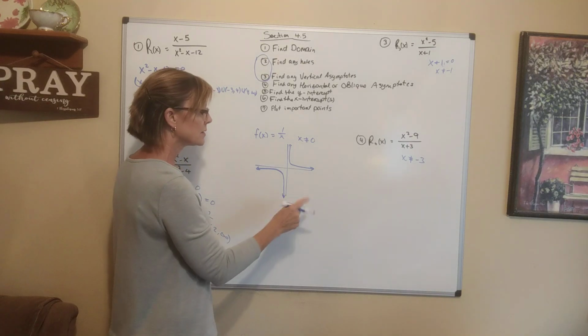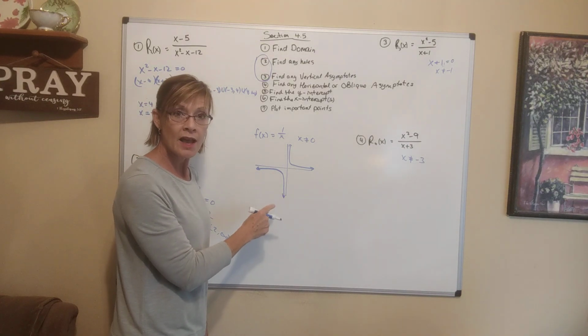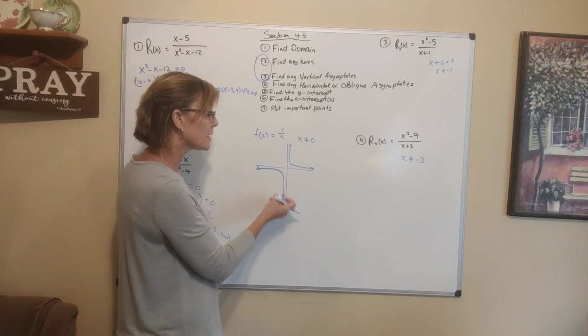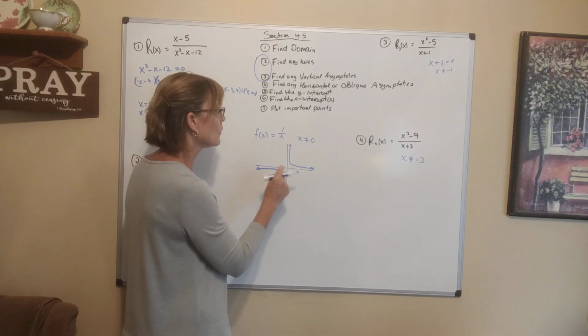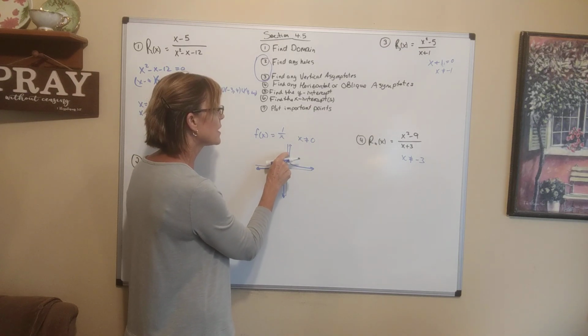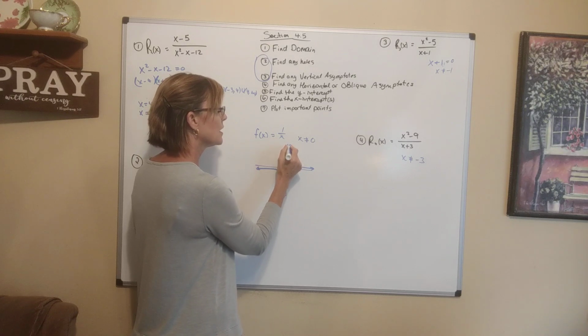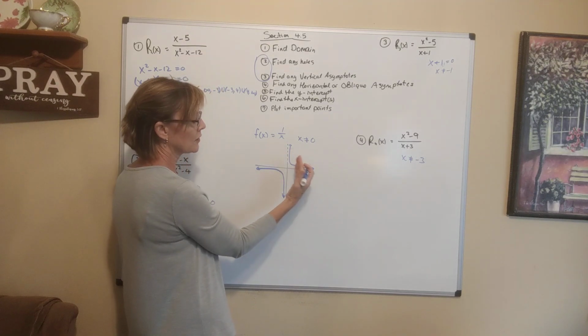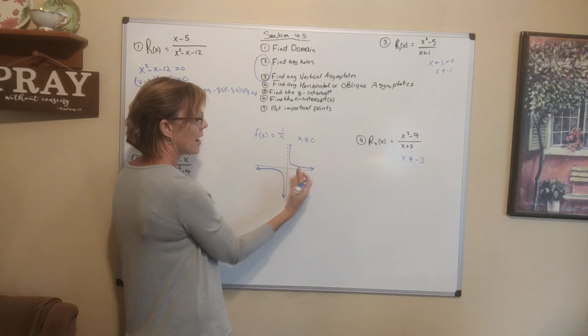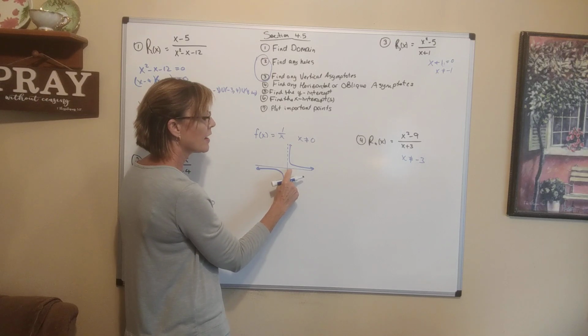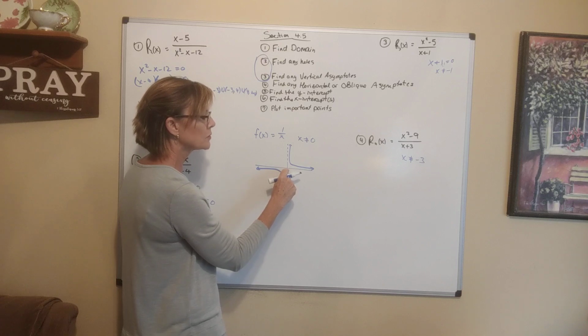Well, you notice that your function basically freaks out when it gets close to 0. It's like, no, I'm not allowed to do that. And what does it do? It will either shoot up to positive infinity, like it's doing right here when it gets very, very close to 0, maybe at 0.05, 0.04, 0.02, 0.01, 0.0001.